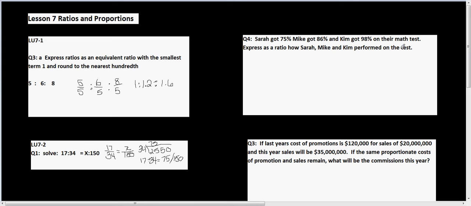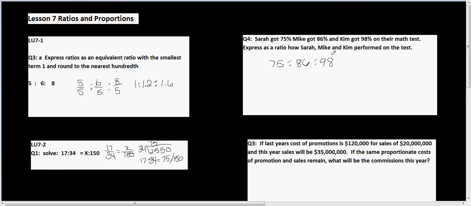Well, all we have to do is identify the relationship. 75, doesn't matter that it's a percent, is to 86, and how that relates then to 98. And that's it. We're just expressing the relationship of these test results to one another. 75 to 86 to 98.